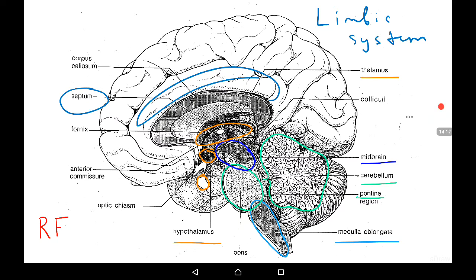So the cerebrum is the largest part of the brain. The cerebrum is divided into two cerebral hemispheres by the medial longitudinal fissure, and these two hemispheres are connected to each other by corpus callosum.